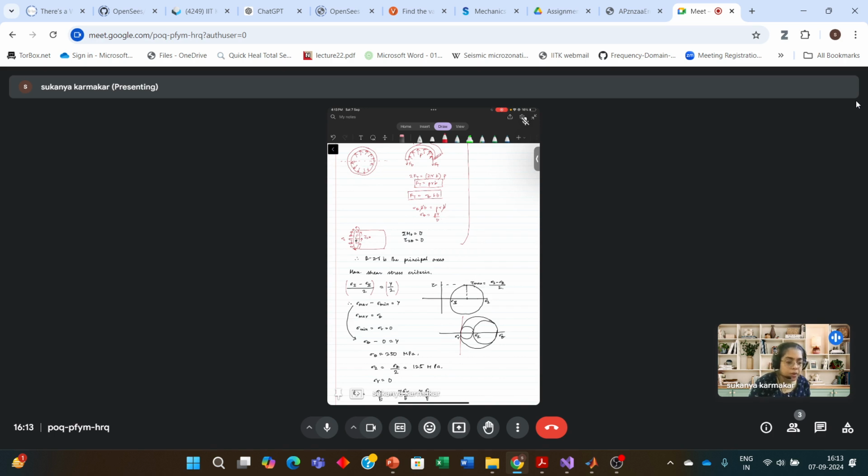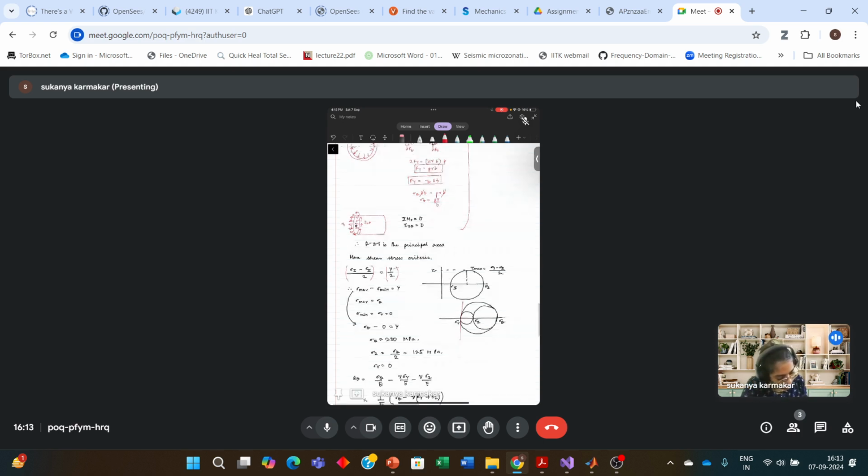This is what the maximum shear stress criterion tells: in a 3D state of stress, the maximum shear stress is equal to the maximum shear stress generated in a body when it is under uniaxial tension. Here Y is the yield stress of the material.